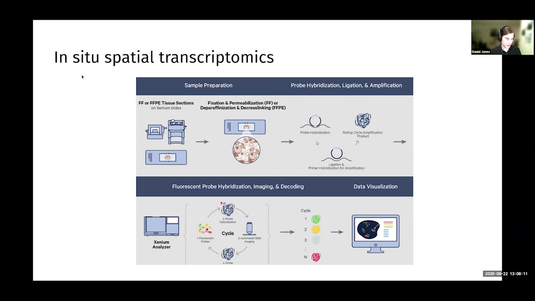You have your sample on a slide, and you're ligating probes to specific RNA targets. These probes have a barcode that gets decoded through multiple rounds of imaging. And so the readout from these is that you have a fairly precise position, and then this barcode tells you what gene is at that position.